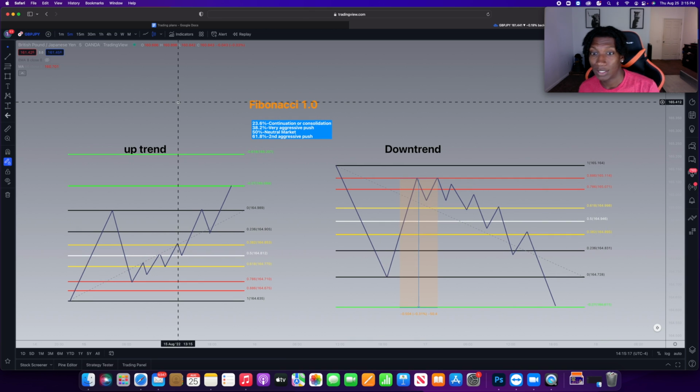And I know a lot of people cannot be in the market for those 88.6% type moves or even the 78.6 type moves. So just be mindful once you're within this type of retracement. Don't be scared to take profit at certain areas of support or resistance, because price is still going to continue the overall trend, but it's just going to take a very long time.